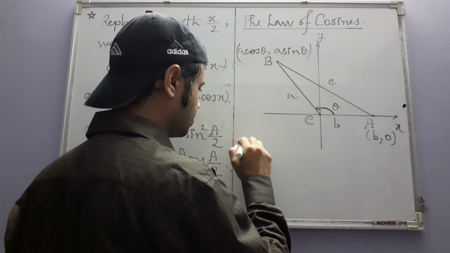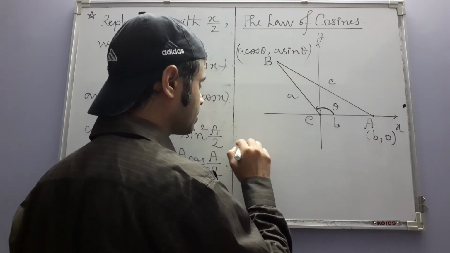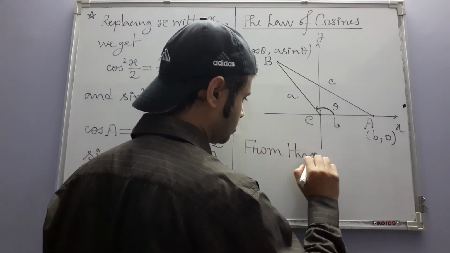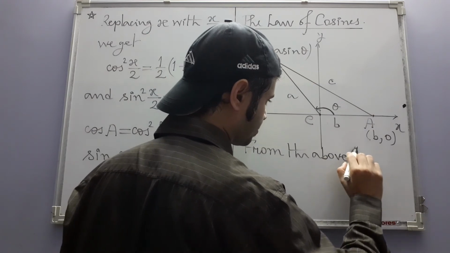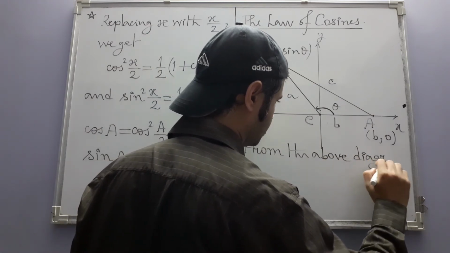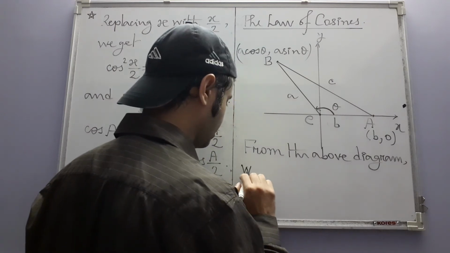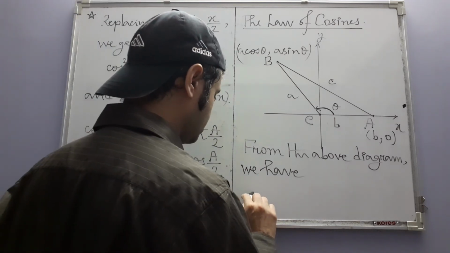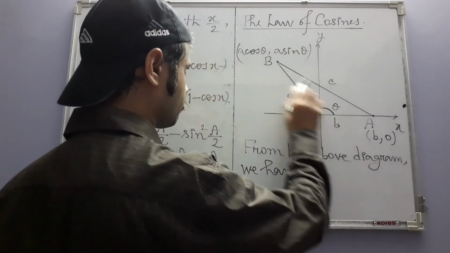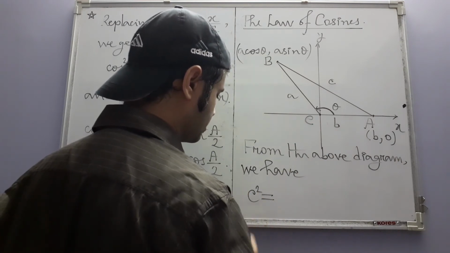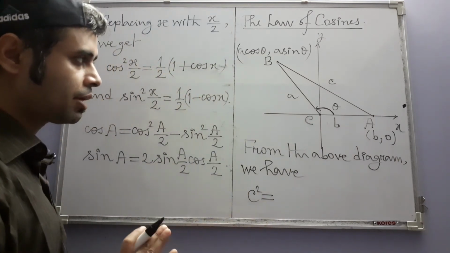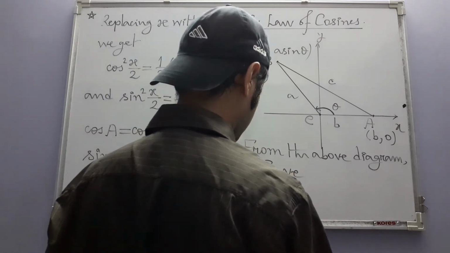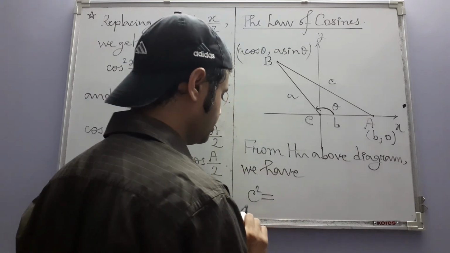Now we can directly write from the above diagram we have C square, that is the square of this distance, is equal to, keep in mind we are not using Pythagorean theorem or anything like that, we are just simply using distance formula from coordinate geometry.